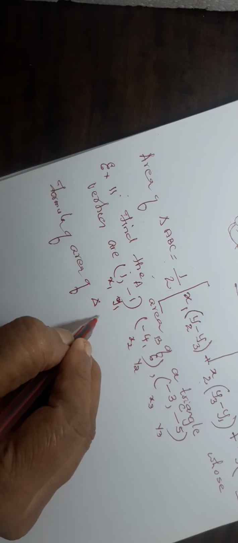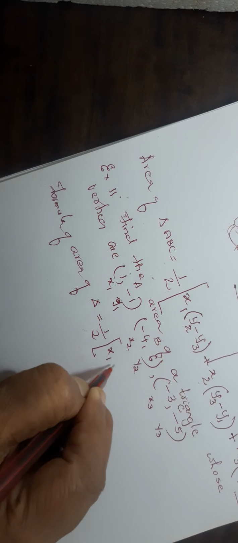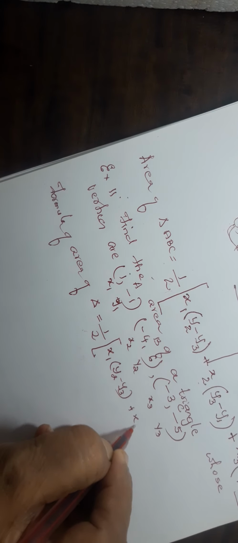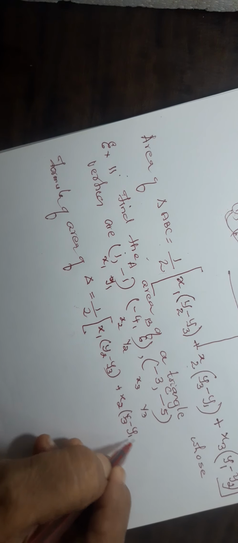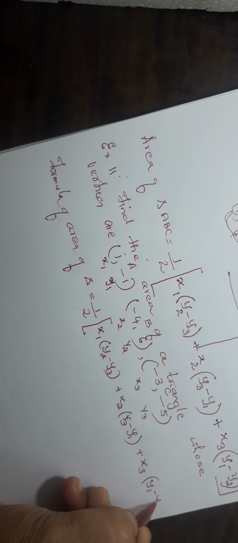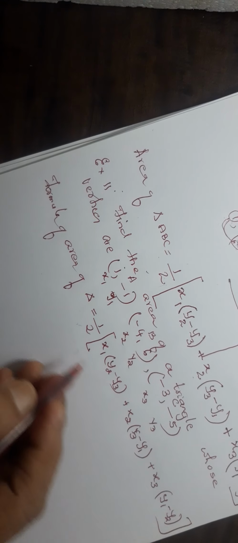Formula of area of triangle, I will write here half bracket x1 y2 minus y3 plus x2 y3 minus y1 plus x3 y1 minus y2. Square units you will get finally.